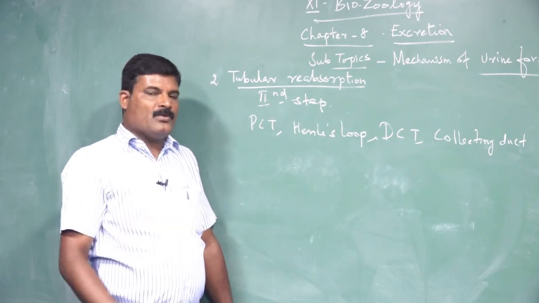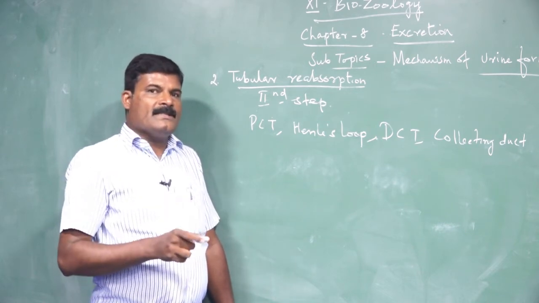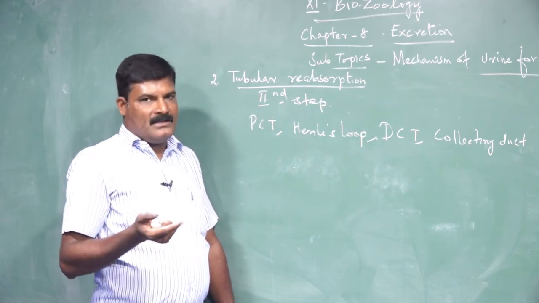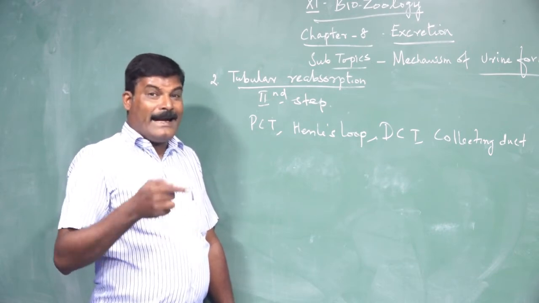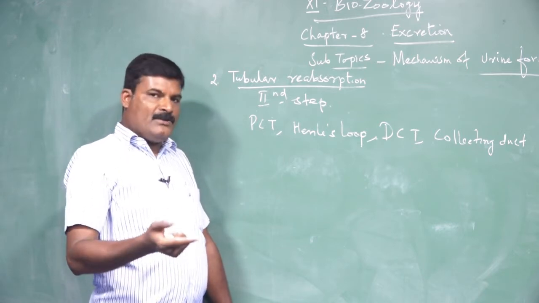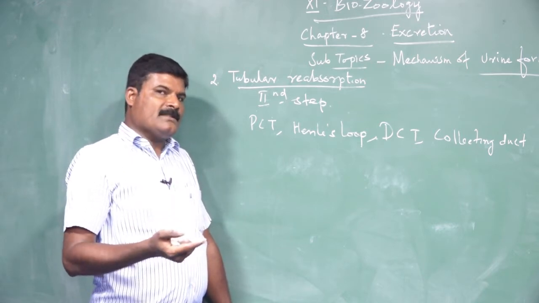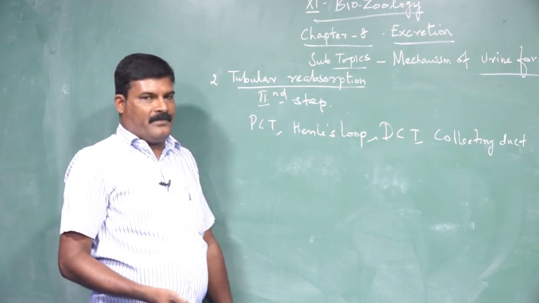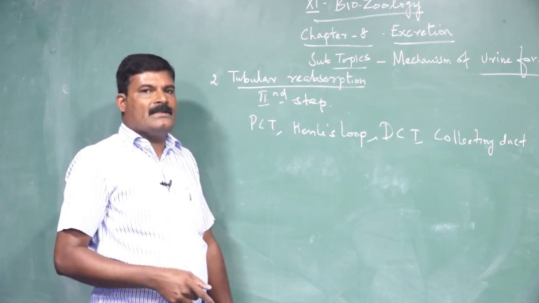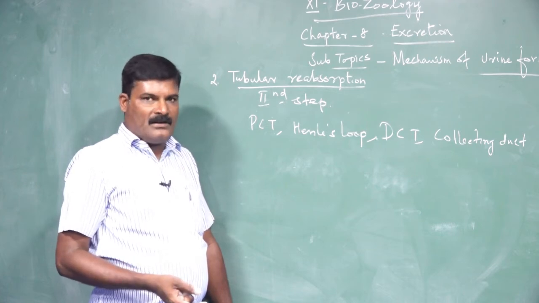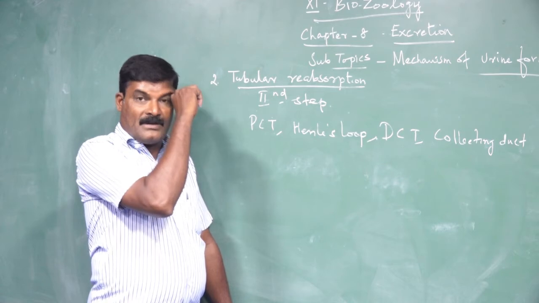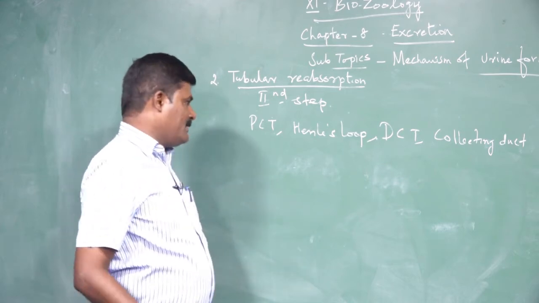What is active transport? The movement of substances from the region of lower concentration to higher concentration, requiring energy. What is passive transport? Movement of substances from higher to lower concentration, which does not require energy. The osmotic process is the reabsorption of water. And diffusion is one of the passive processes, the movement of substances from the region of higher to lower concentration.